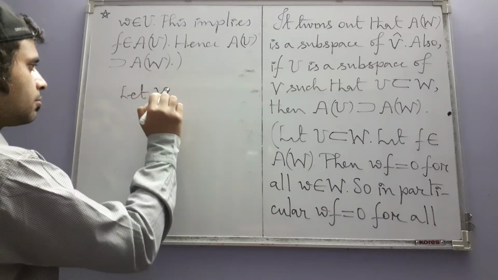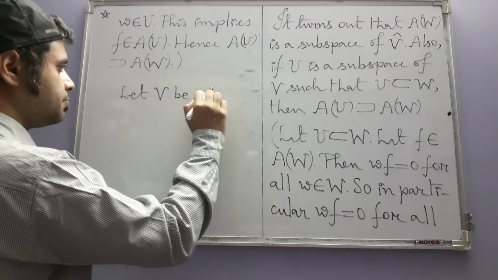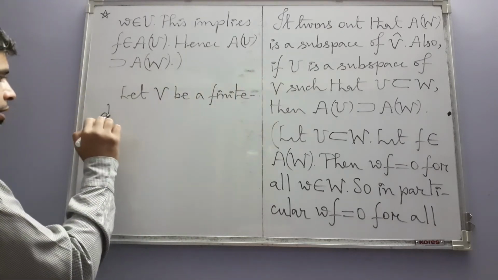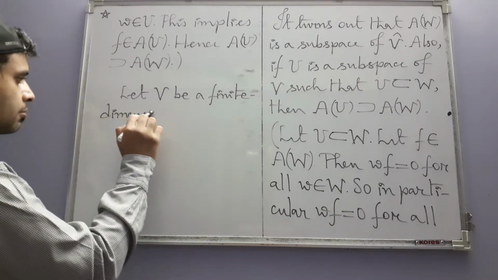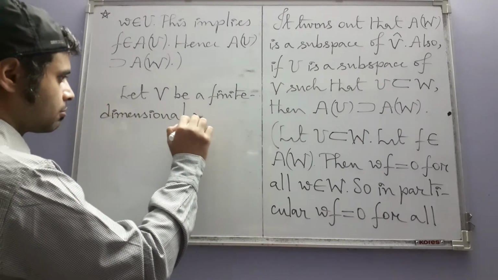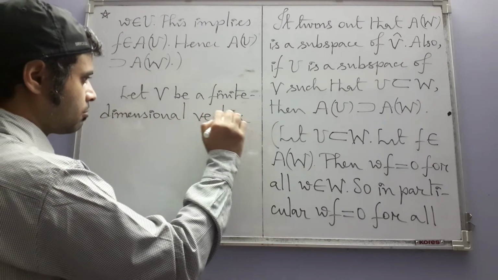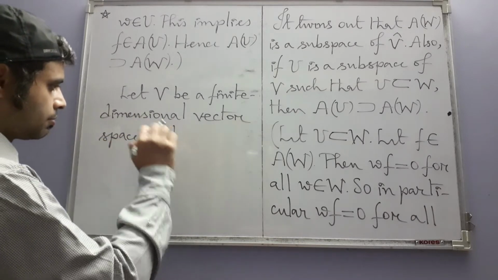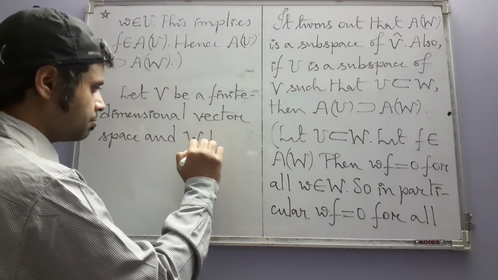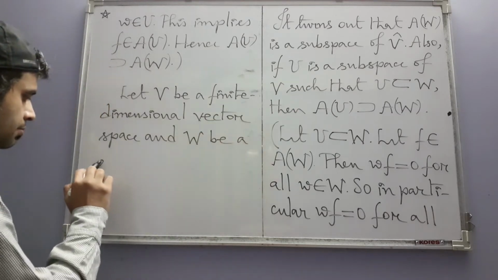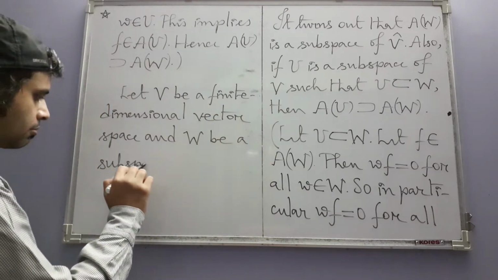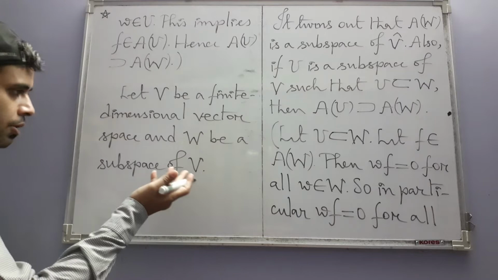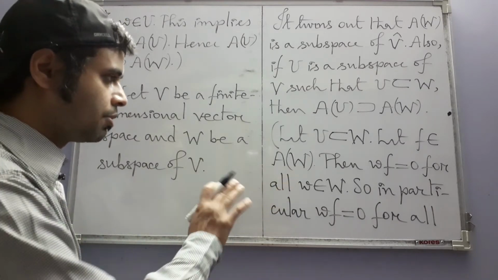Let V be a finite dimensional vector space and as usual W be a subspace of V. Then of course W also is going to be finite dimensional. Those things we will need later.